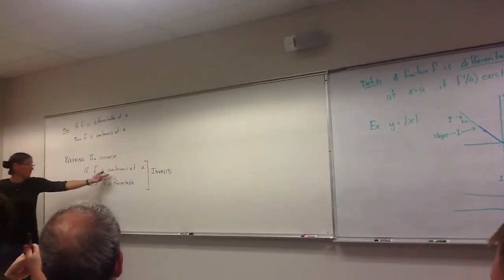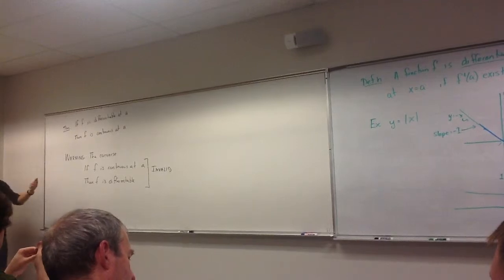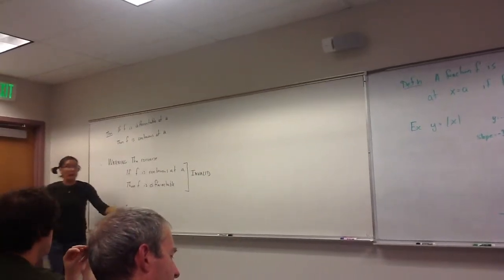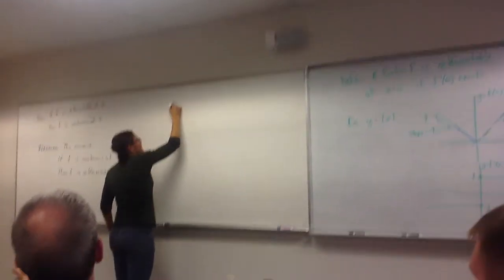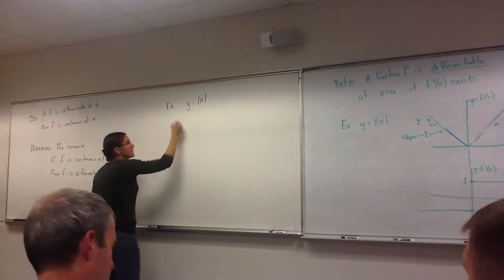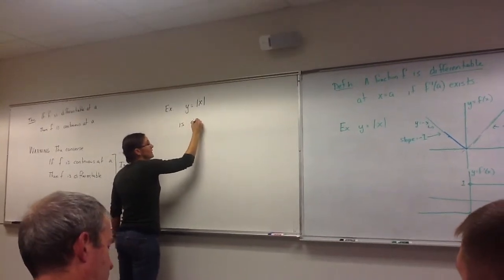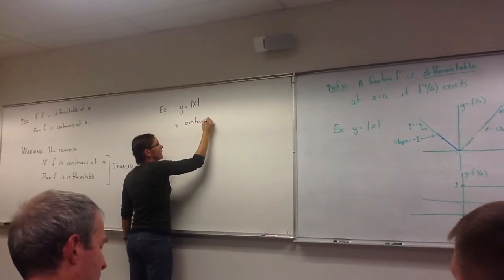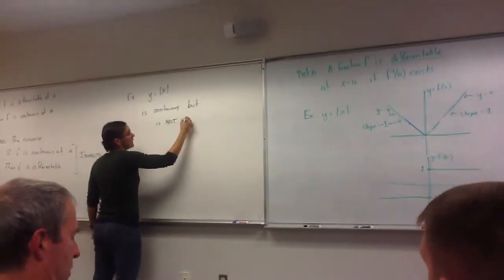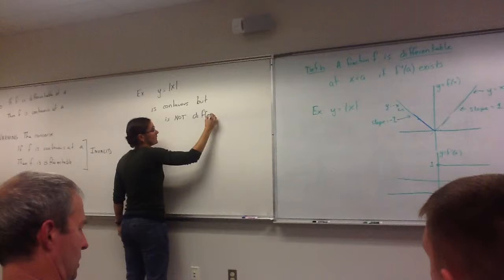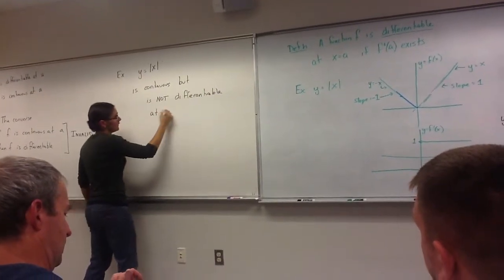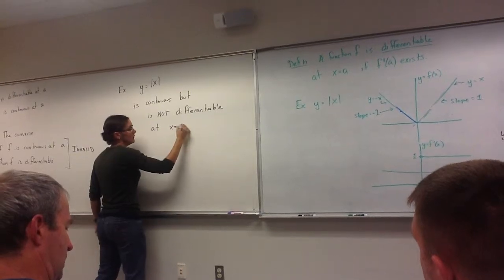If I tell you that the function behind my back is continuous, you don't know anything about whether it's differentiable or not. The function I'm holding behind my back could be y equals absolute value of x. Y equals absolute value of x is continuous, but is not differentiable at x equals 0.